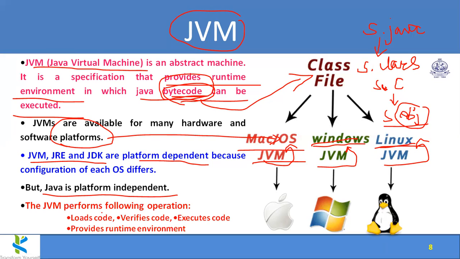So the JVM performs loading of code, verifying the code for errors, and then executing the code, and provides a complete runtime environment. Runtime environment means, say I have 4 variables in my program, int a, b, c, d, and d equals a plus b plus c. That is the result and that is to be printed.